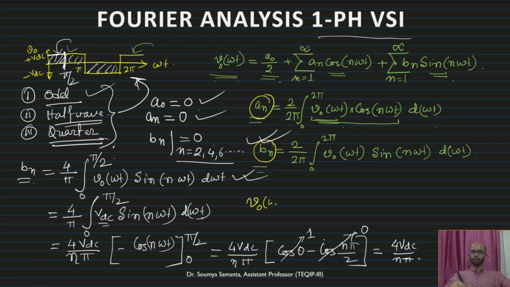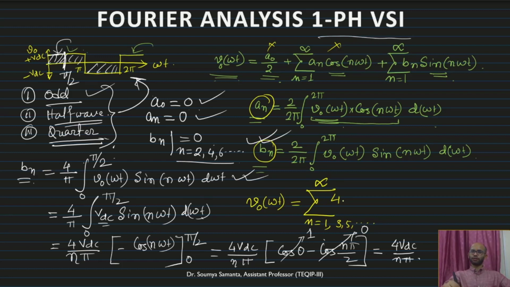So V naught of omega t, if I want to write, what can we write? Because a naught is 0, a n is 0, these two terms vanish. So we will get n equals 1, 3, 5, 7, to infinity.